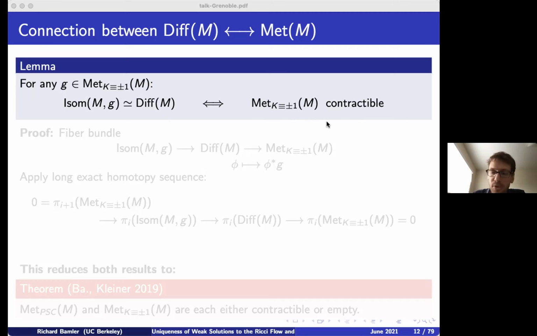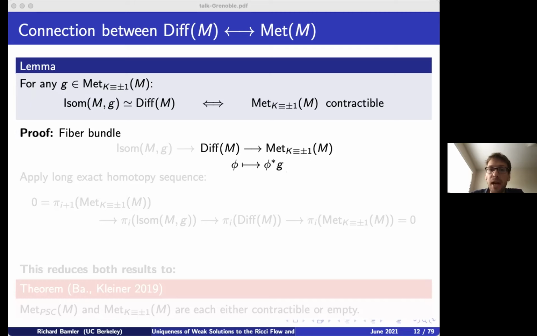The proof is relatively simple, so let me highlight it here. We look at a map from the space of diffeomorphisms of M to the space of constant curvature metrics. We do this by taking a diffeomorphism phi and mapping it to the pullback of the reference metric via this diffeomorphism phi. So this gives us a map from the diffeomorphisms to the space of constant curvature metrics.